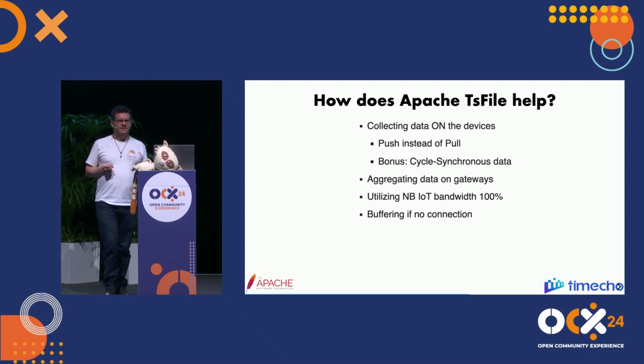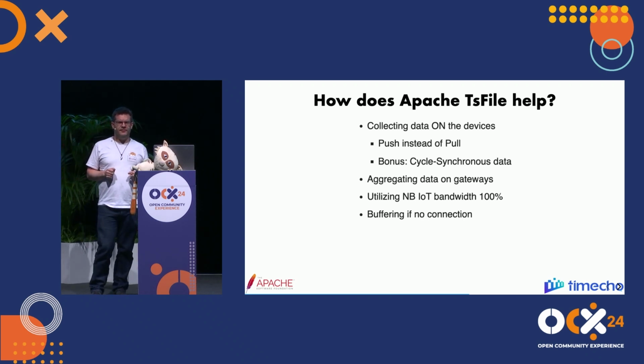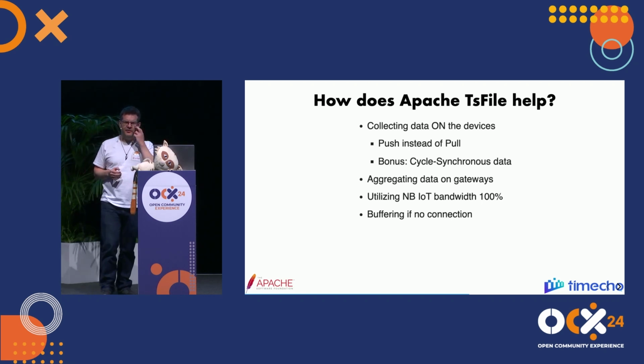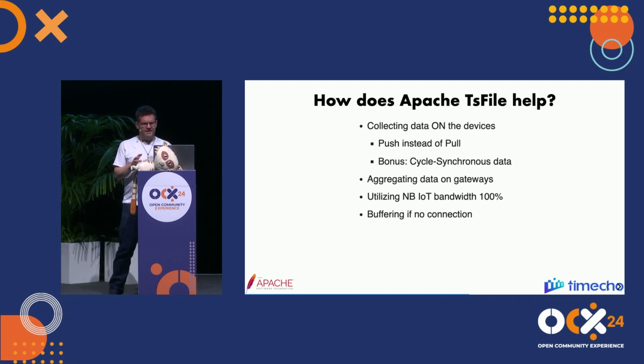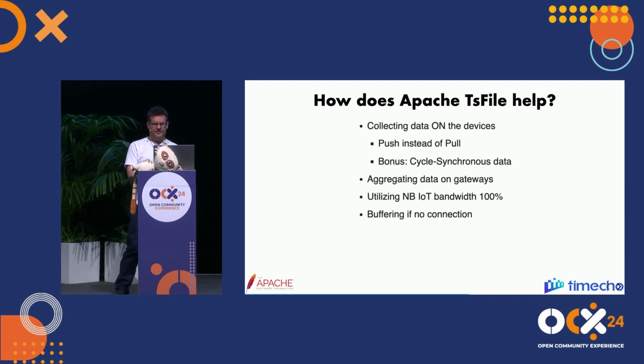The thing was, I've got an EV, a solar power grid, and a geothermal heating system, so they produce lots and lots of data points. After 3 months of logging all of the data, I was at 120 megabytes, so I guess probably my 1 terabyte SD card will be enough for the next 500 years. So I think this gives you a little impression of how efficiently TsFile can store this data.